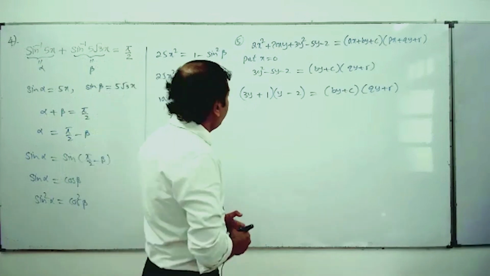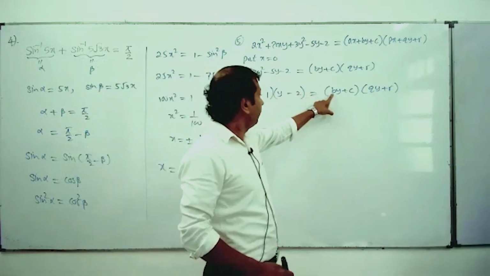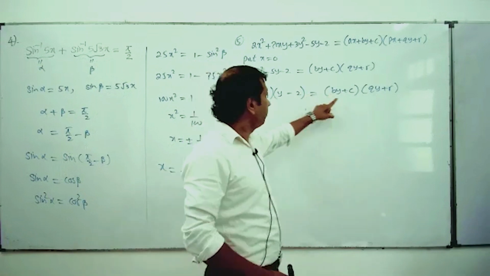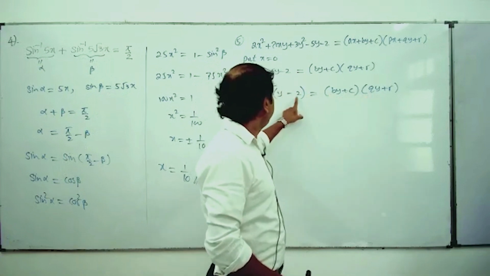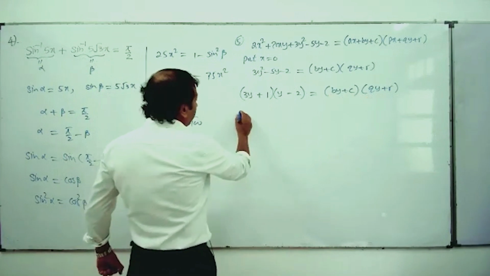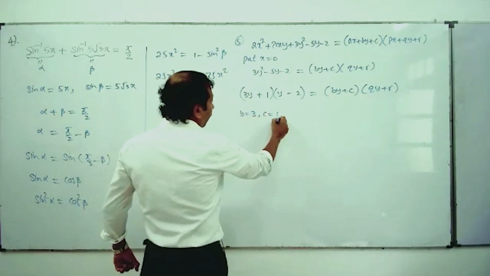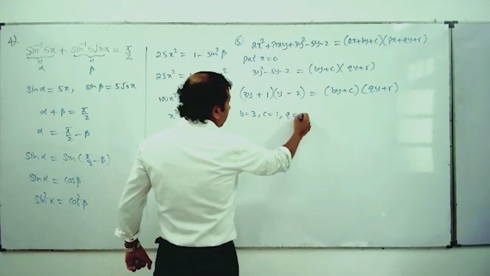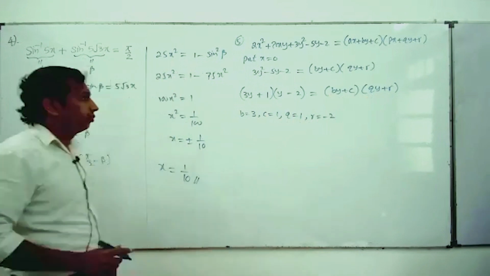When we compare, this 3 is b, this 1 is c, here 1 is q, here minus 2 is r. You can write b equals 3, c equals 1, q equals 1, r equals minus 2. Okay.